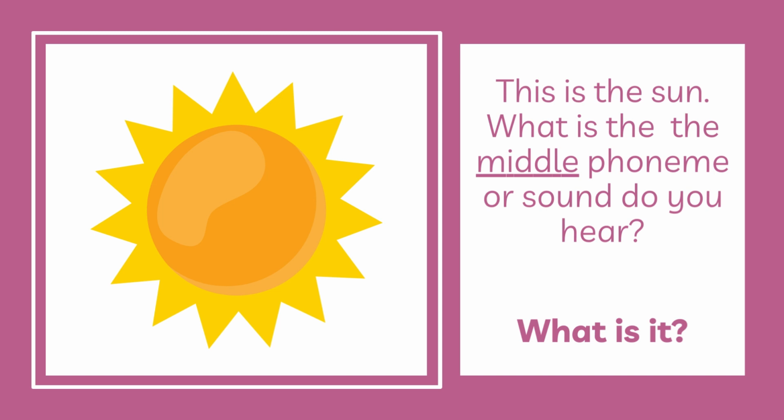S, you should be touching your shoulders. S. You should be touching your shoulder. S. Move your hand down all the way to your finger. So what is the sound you hear? What is the sound you hear?